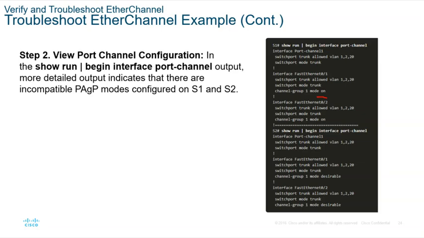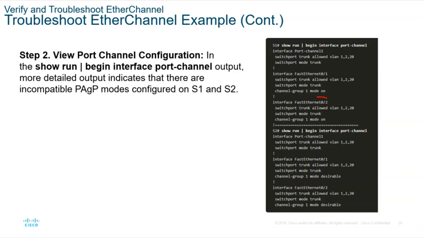So if you find that it's a different mode, then automatically that will be the problem. When it comes to port 2, which is under port channel 1, the allowed VLANs are the same, 1, 2, 20, the mode is trunk, and channel-group 1 mode is on, meaning that the configuration is consistent on that. Then when it comes to switch 2, the allowed VLANs are still 1, 2, 20, which is okay.